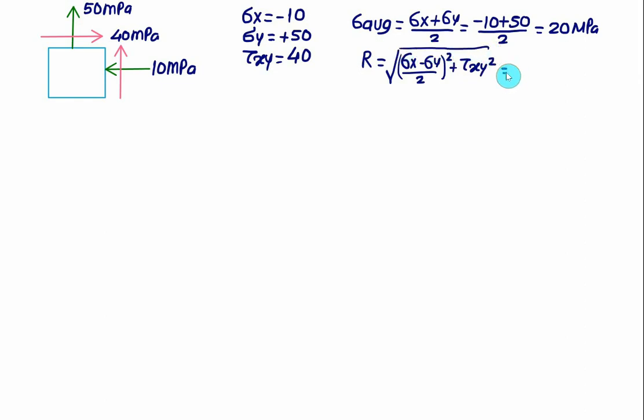With sigma x equal to minus 10 and sigma y equal to 50, we have minus 10 minus 50 divided by 2, squared, plus shear stress 40 squared. The numerator here is 60, and 60 divided by 2 is 30. So 30 square plus 40 square gives a radius equal to 50 megapascal. With the average value we can locate the center, and using the radius we draw the circle with radius equal to 50 megapascal.